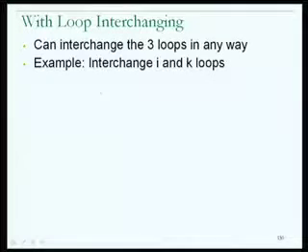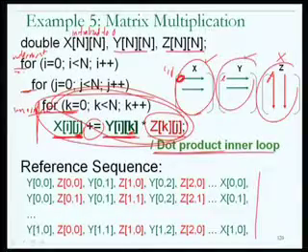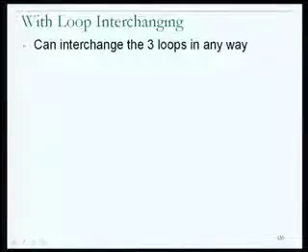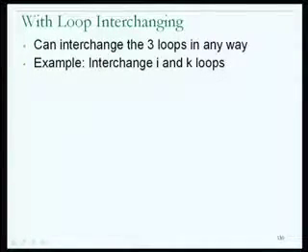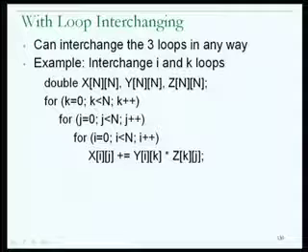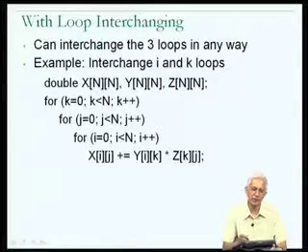In other words, some arbitrary change in the order in which the i, the j and the k loops are included. As a simple example, remember that I had the i loop outermost, the j loop intermediate, and the k loop as the innermost. What if I interchange the i loop and the k loop? That's exactly what I've done here. I've left the content of the loop exactly the same: x of i j plus equals y of i k multiplied by z of k j.